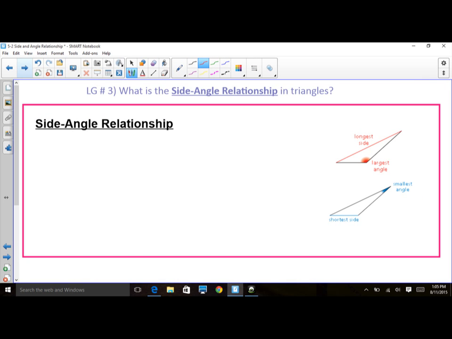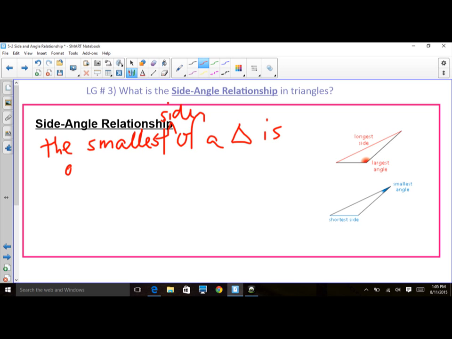It's called the side angle relationship. And all the side angle relationship tells us is that the smallest side of a triangle, and you want to fill this in as I'm writing it too, is opposite the smallest angle.